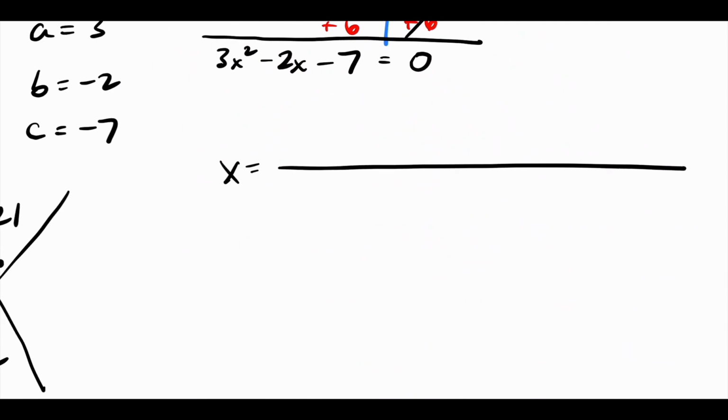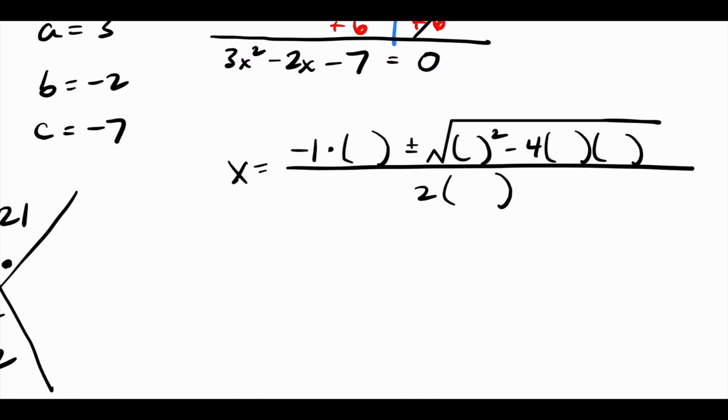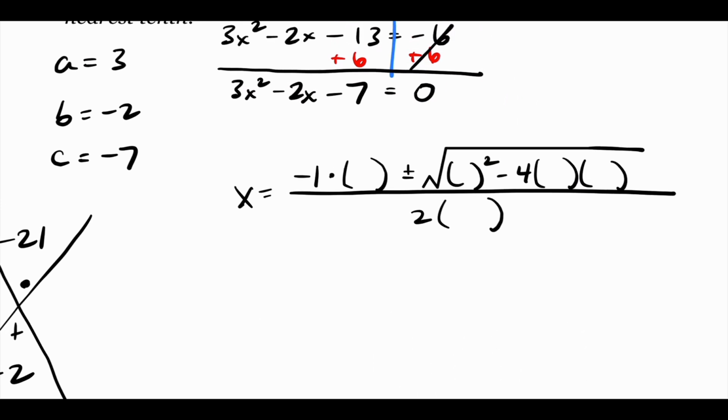So we have -1 times B plus or minus the square root of B squared minus 4 times A times C, all over 2 times A. See, I use parentheses for all of those missing. Now I'm going to plug them in. A is 3, so A goes down here, and A goes right there.